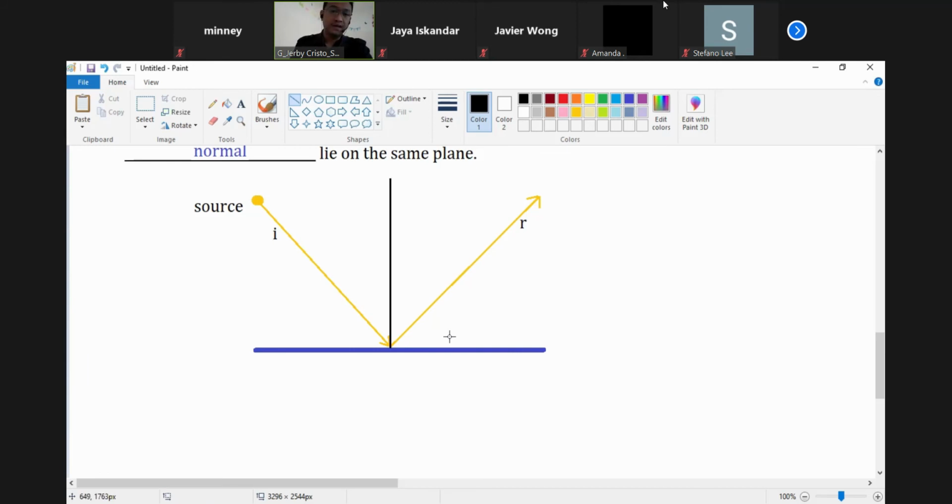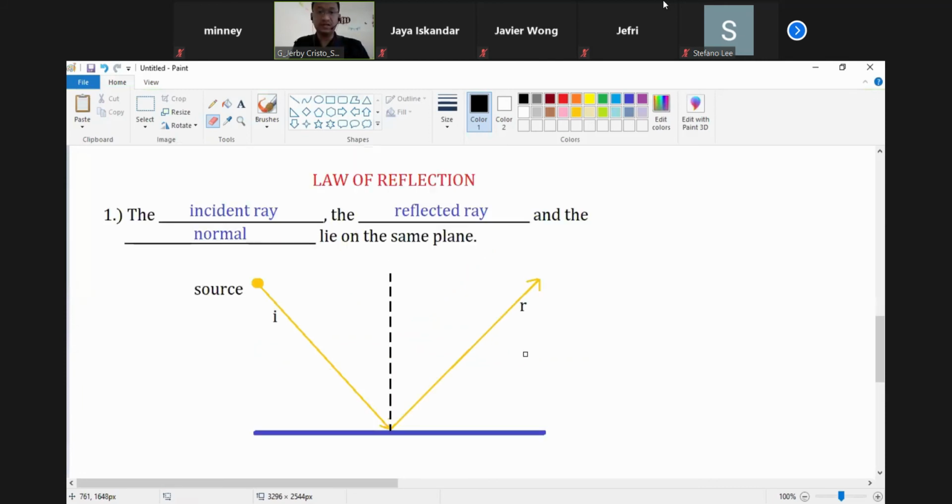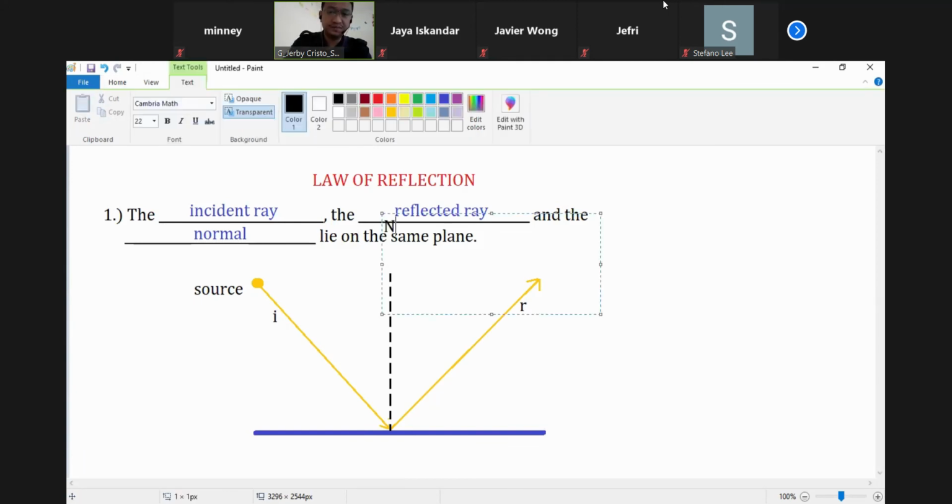Since it's just an imaginary line, we use a broken line to represent it. Now, what do you call that line? Normal. Yes, that is correct, Jeffrey. We call that the normal, and we denote it with the symbol N.